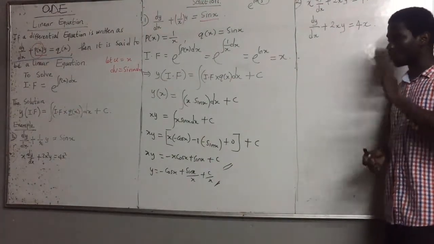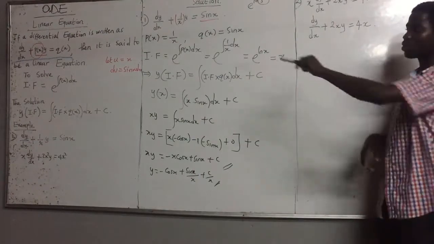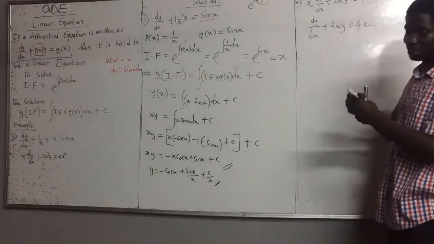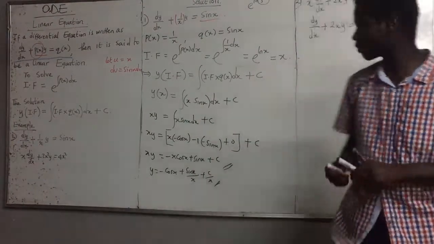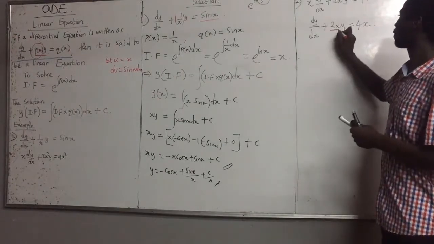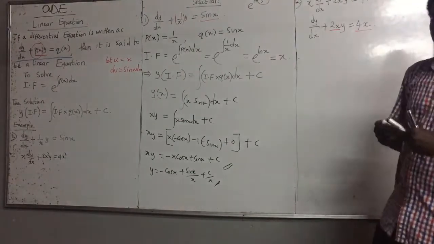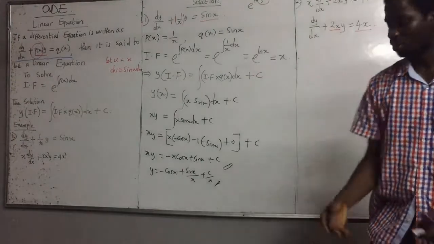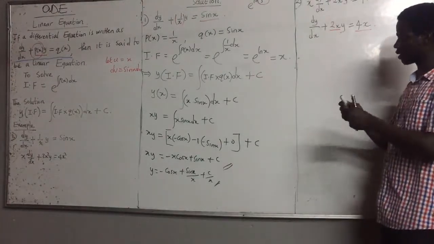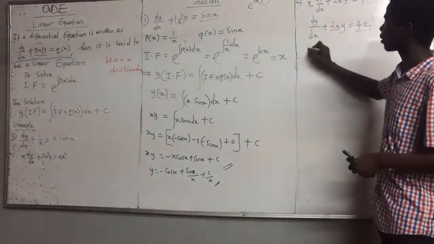Now, what will happen? Check whether it is of that form. So it is actually of that form because it's obvious. P of x, this is P of x, this is Q of x. Do you understand? So dy dx plus P of x y is equal to Q of x. So P of x is what?